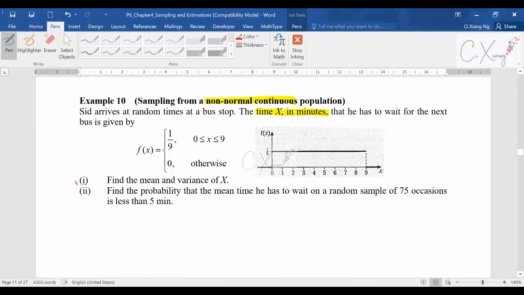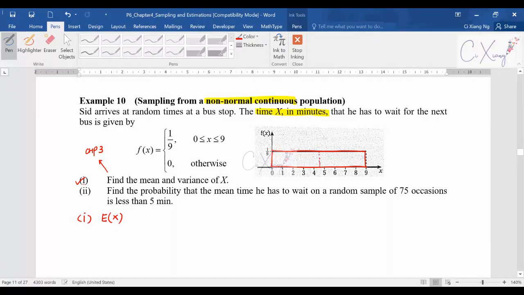First, they want to find the mean and also the variance of x. So how do we find the mean and the variance of x? This involves knowledge from chapter 3 again. If I look at my graph here, since this is a rectangle and it is symmetric in the range that we consider, from 0 until 9, I will know that the mean is in the middle between 0 and 9.